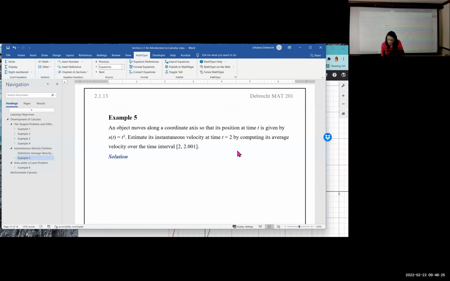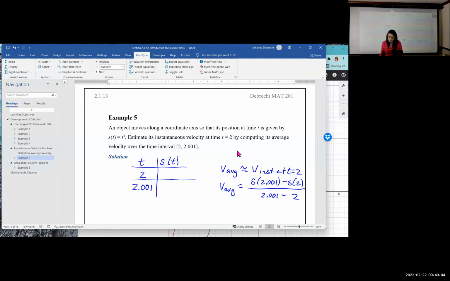So we're looking at a time and distance scale here at 2, and then we want to look at 2.001, and then we want to find our V average, which is approximately V instantaneous at t equals 2, because we're not far away. So V average is going to be S of 2.001 minus S of 2 over 2.001 minus 2. So we need to figure out what this value is right here.